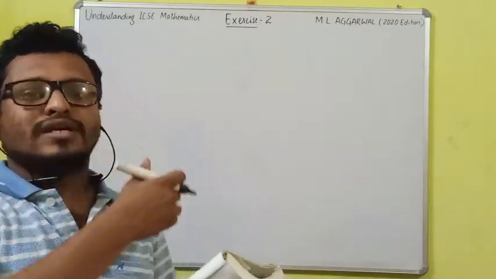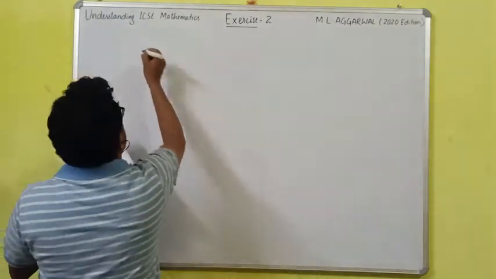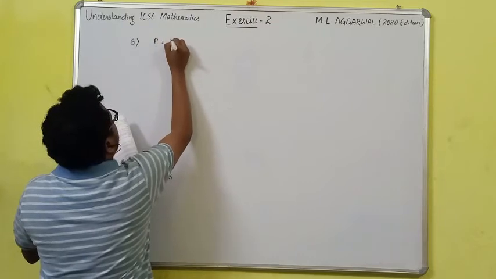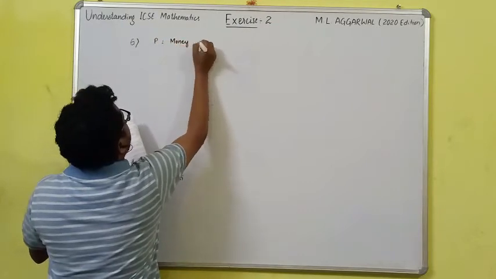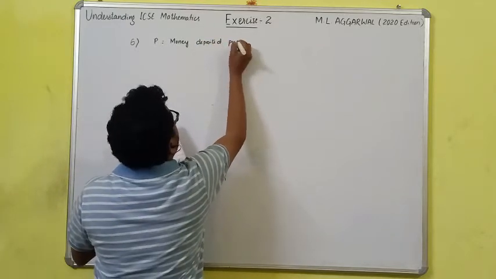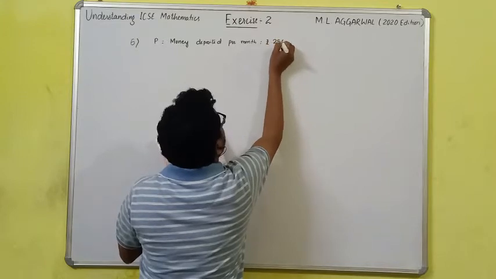Whatever I have discussed in the previous question, it is the same question here. See how we will solve this one. Number 6. So P, the money deposited per month, is equal to rupees 2500.